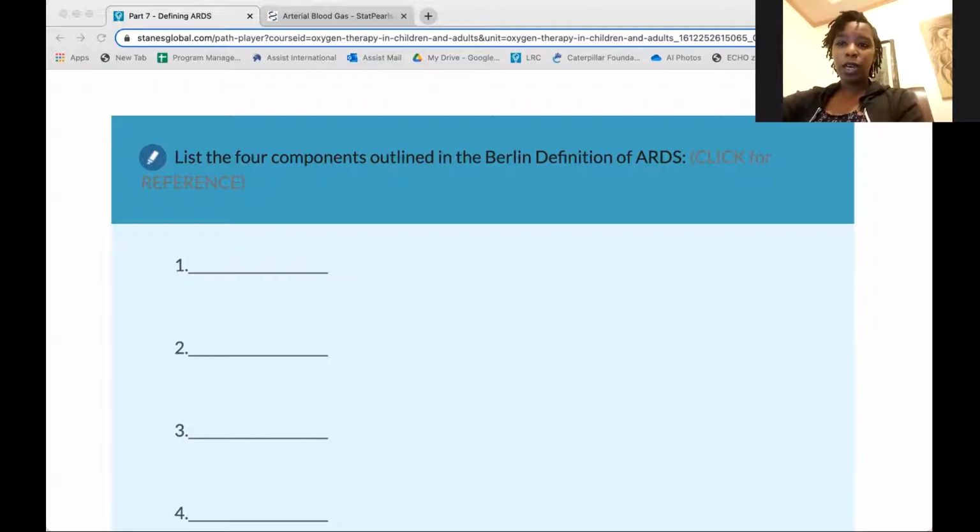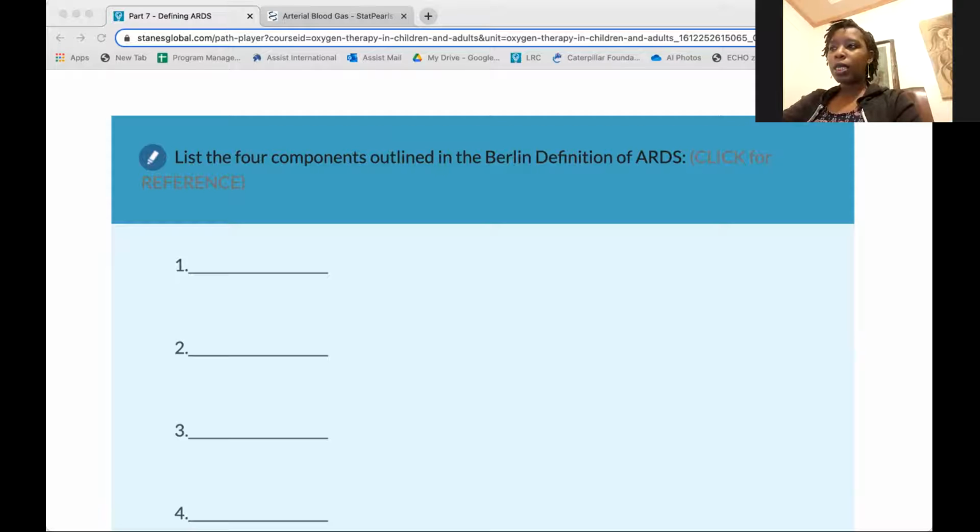So in view of time, and since no one has given a response, there are 4 components in the Berlin definition. First, we've said it is an acute onset, less than 1 week.